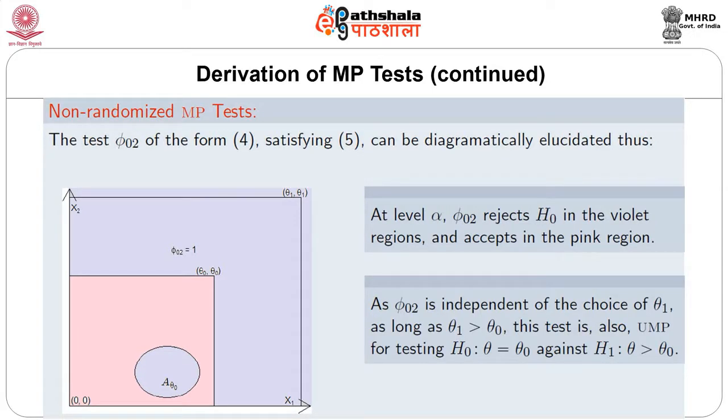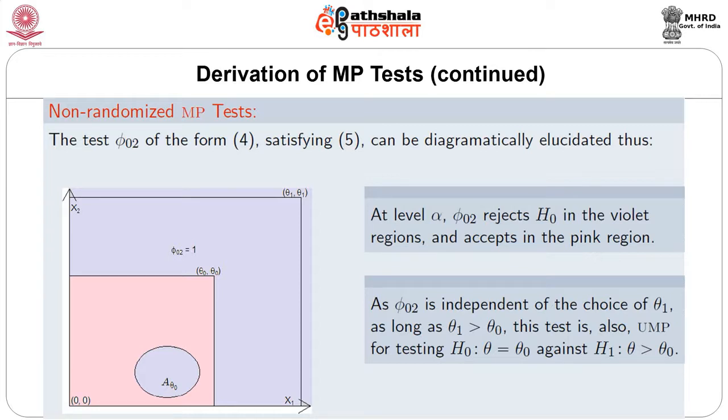And as phi naught 2 is independent of the choice of theta 1, whatever theta 1 greater than theta naught, this is uniformly most powerful at level alpha for testing H naught theta equals theta naught against theta greater than theta naught.